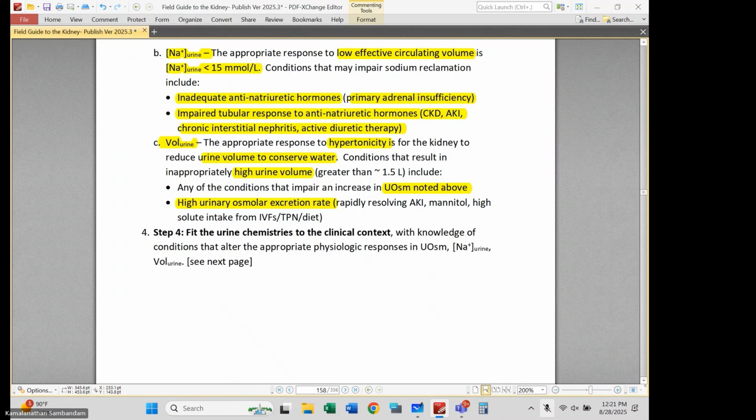Okay, my urine is concentrated, but because I have to dump so many osmoles, whether that be mannitol or uncontrolled hyperglycemia, that would be another scenario in which my urine would be concentrated.